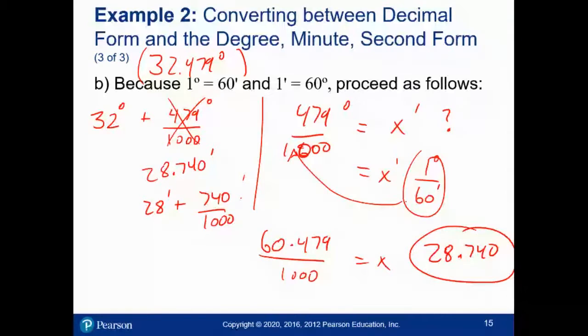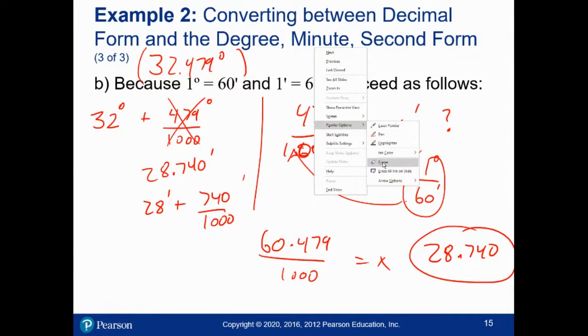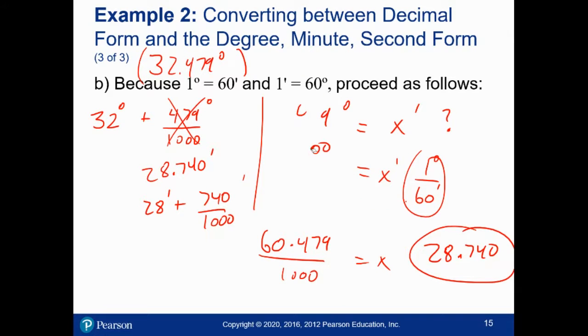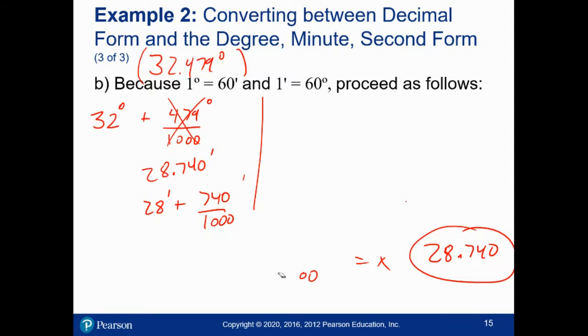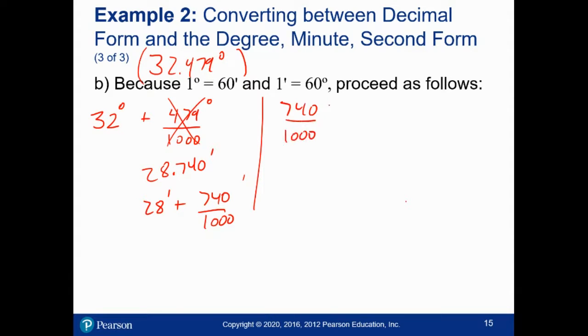Okay, so I'm just going to do the same thing again. I'm just going to bring out the eraser so I can erase this work without erasing the other half of the slide. So now I just need to convert 740 thousandths of a minute into seconds. And I'm just going to do the same work. Okay, there's the pen. So we have 740 out of 1,000 minutes is how many seconds? Well, for 1 minute, there are 60 seconds.